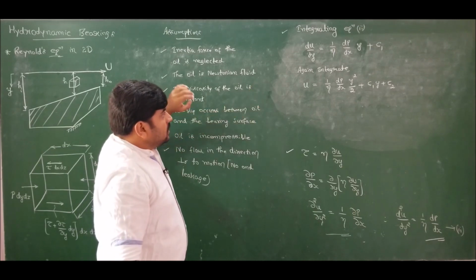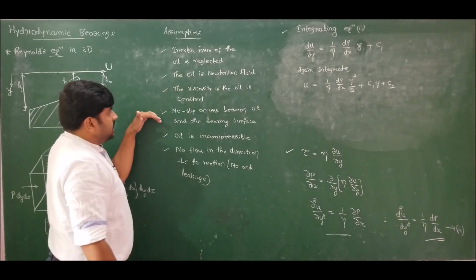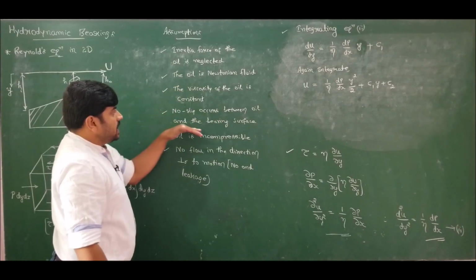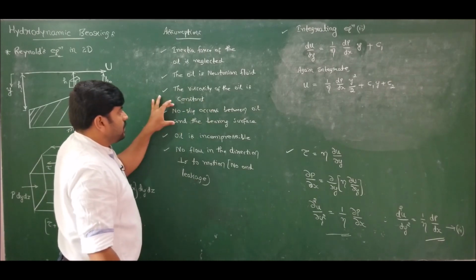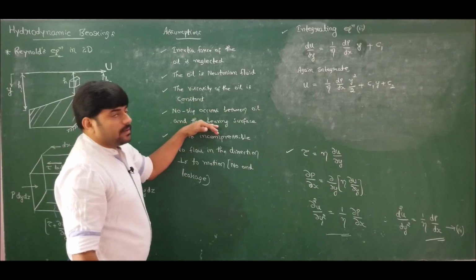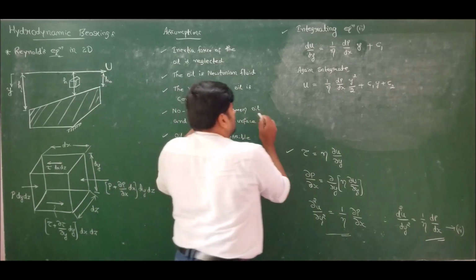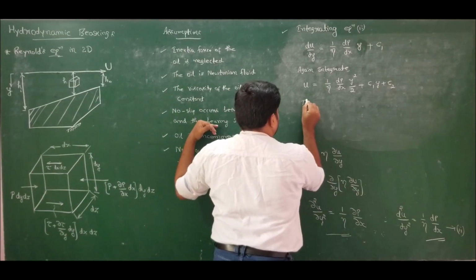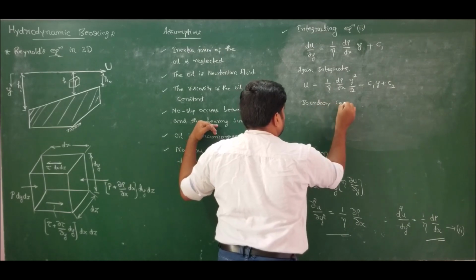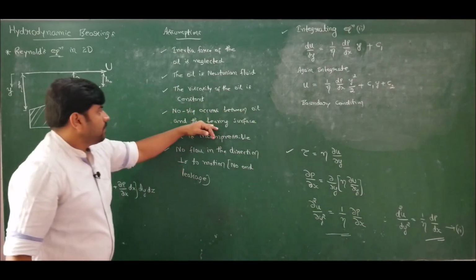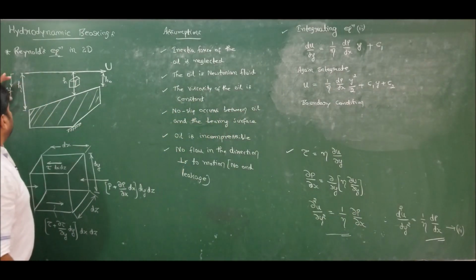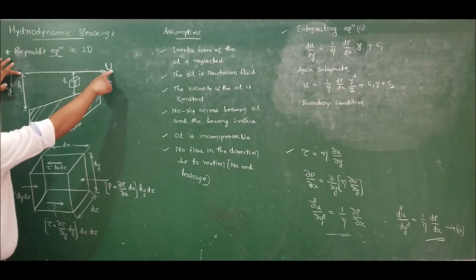Now use the next assumption, that is no slip occurs between oil and the bearing surface. If I recall this assumption, what will be the boundary condition from this assumption? Since there is no slip, at y is equal to 0, velocity is maximum.